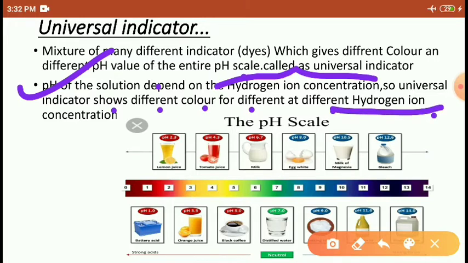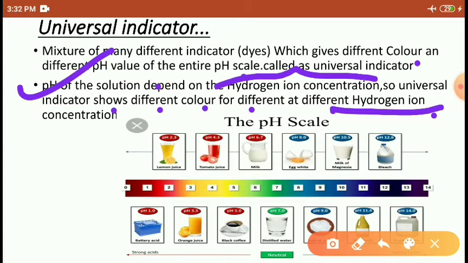This indicator is available in liquid form. It is not a paper, it is not a solid, it is a liquid substance. We add this liquid indicator to different substances, which gives different colors.